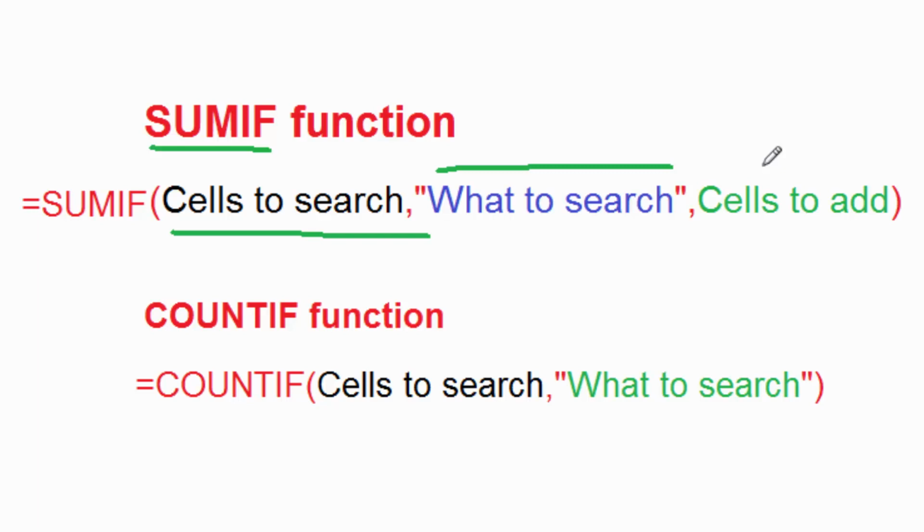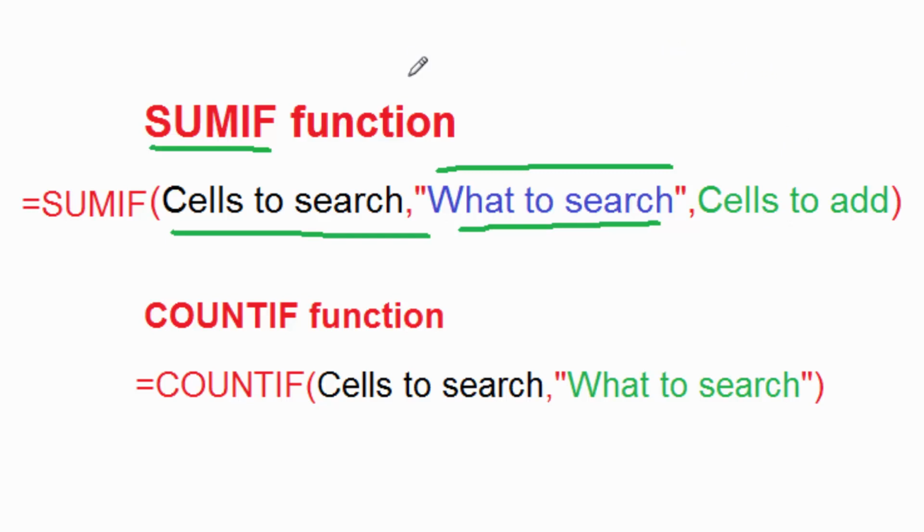The most important thing to remember is that the middle part contains what is to be searched. The first part is a list of cells where the value to be searched will be found. Then the third part contains the cells with numbers which will be added.